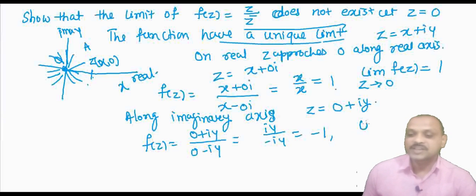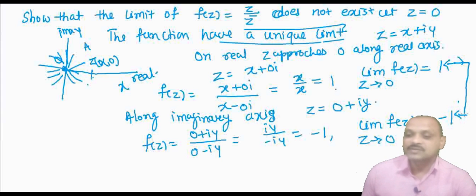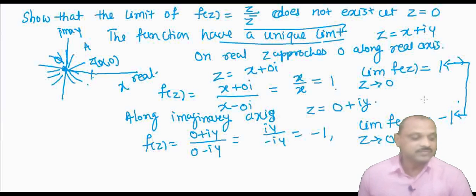So the limit of f of z as z tends to 0 along the imaginary axis is equal to minus 1. You can see that one limit is plus 1 and the other is minus 1. The limits are different, this is not possible, and therefore this function does not have a limit.